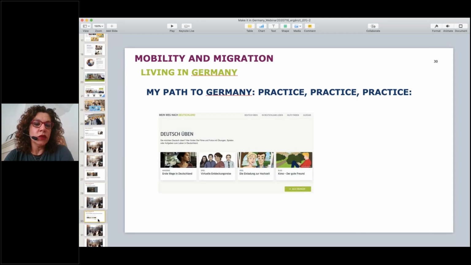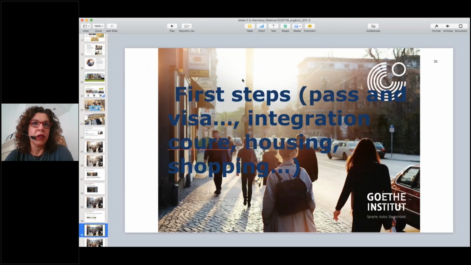I would like to show you a little bit what the first steps are when you are living in Germany. So I will jump to my iPad because I don't have all the contents on my computer. The first steps in Germany means you have information about the visa procedure, about residence permit, about integration course.